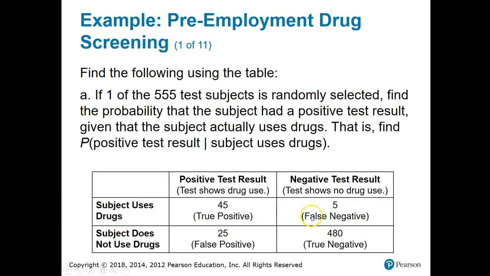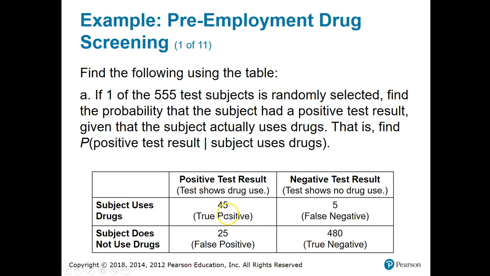Well, 50 people are using drugs in this sample. 45 have positive test results. That is, 45 over 50 would be the probability of a positive test result given the subject uses drugs.